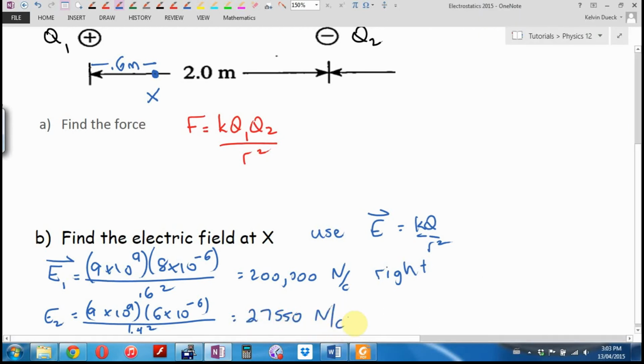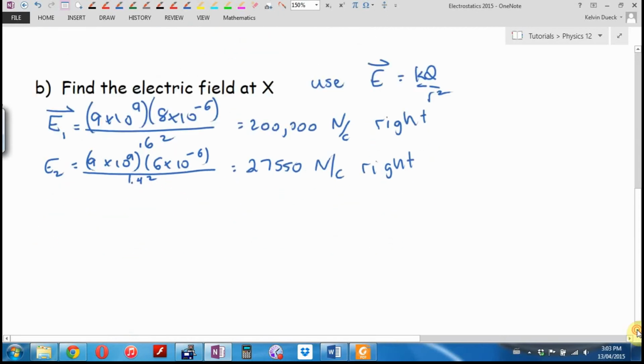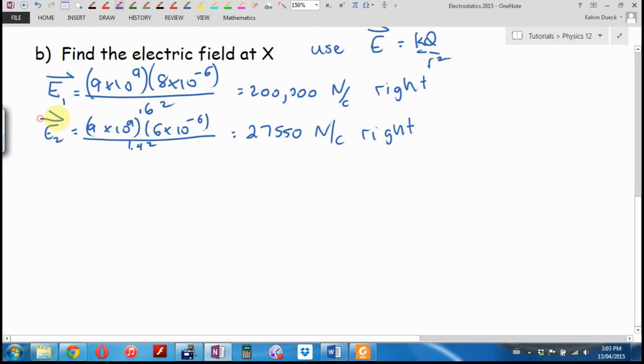Direction. Which way would a positive want to move if it could because of charge 2? Yeah, also to the right. So my net electric field is going to be 200,000 to the right plus 27,550.